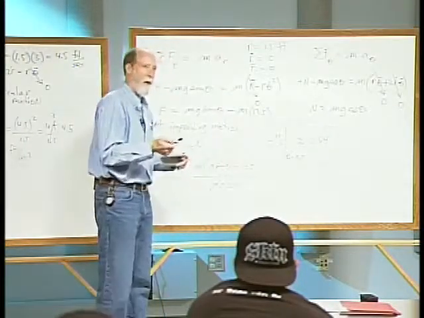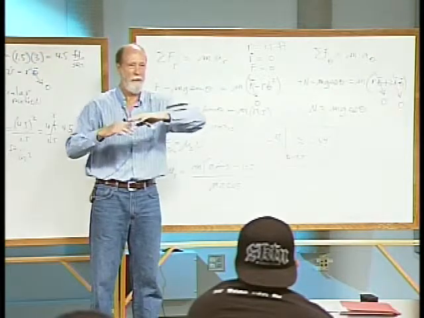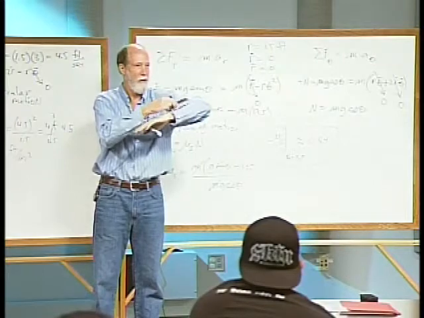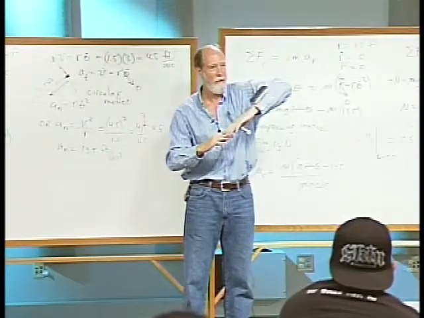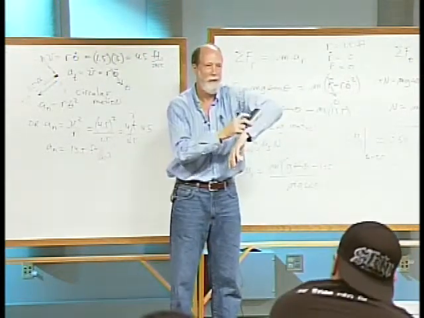Remember I talked about how you could experimentally determine a friction coefficient by just taking an object such as this and slowly tilting it up until it starts to slip, even on a shirt, right?